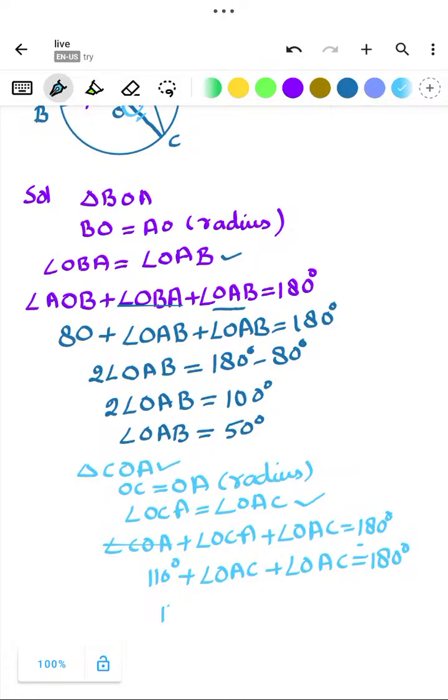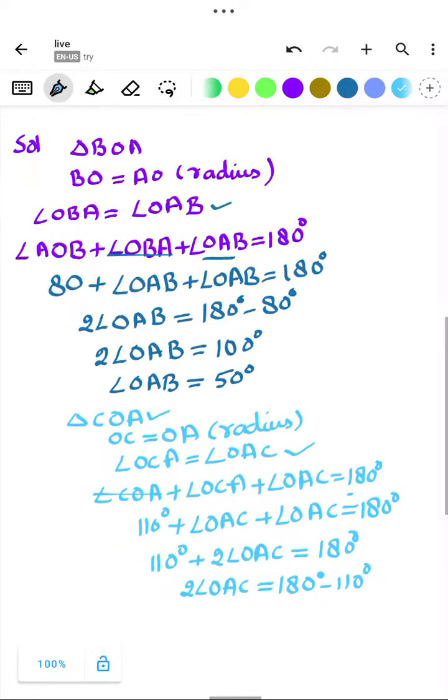Now this will give 110 plus twice of angle OAC is equal to 180 degree, or twice of angle OAC is equal to 180 minus 110, that is twice of angle OAC is equal to 70 degree, or angle OAC is equal to 35 degree.